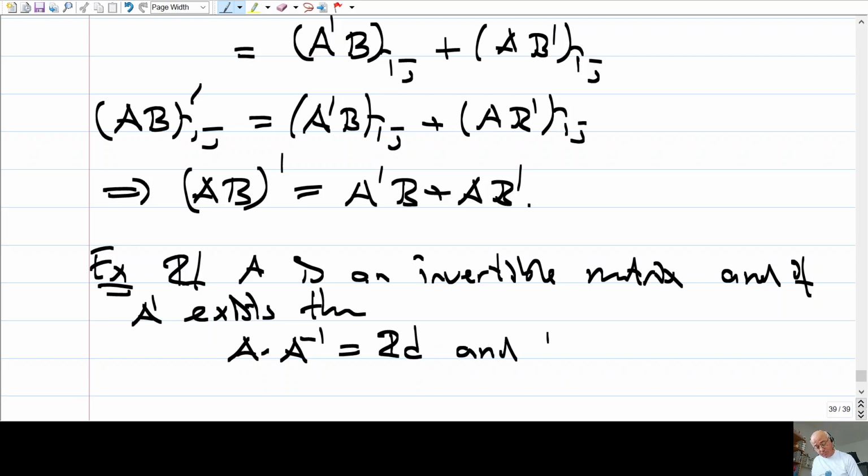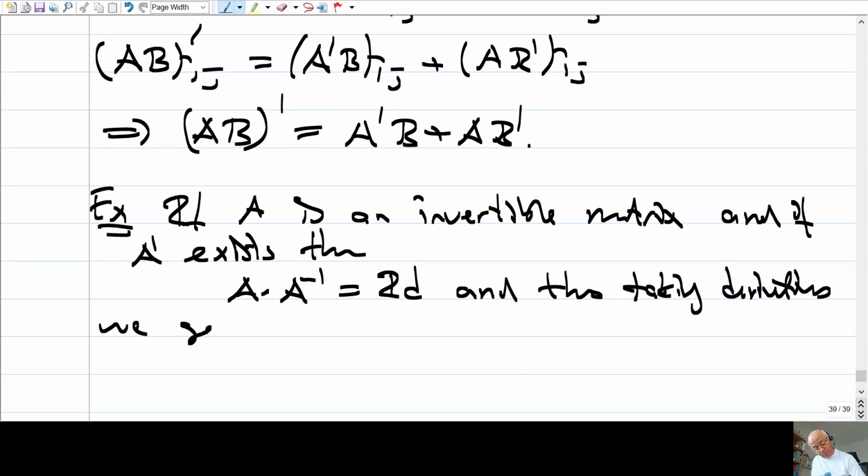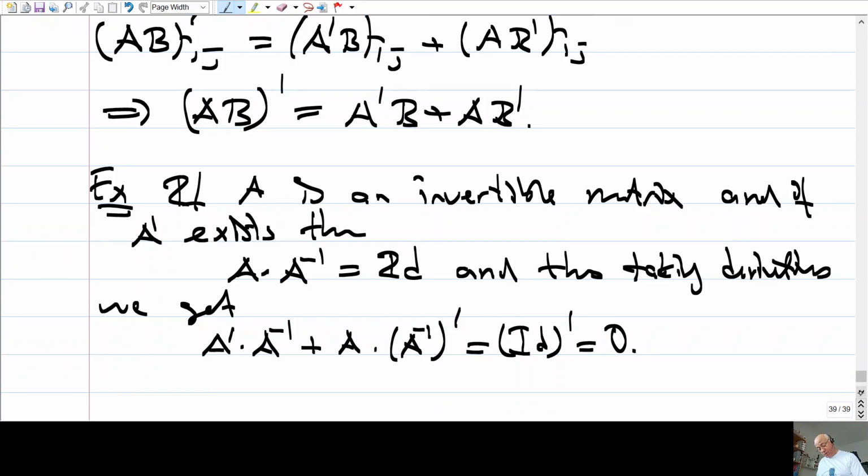Thus, taking derivatives, we get the derivative of A times A inverse plus A times the derivative of A inverse equals the derivative of the identity. But this is a constant matrix. Its derivative is just the derivative of its elements. They are either 0 or 1 constant functions. Therefore, the derivative is just 0.